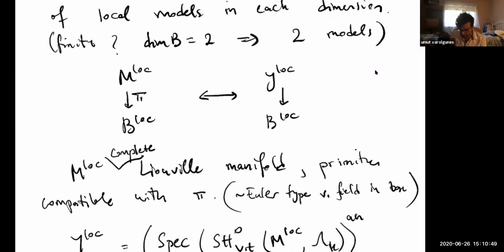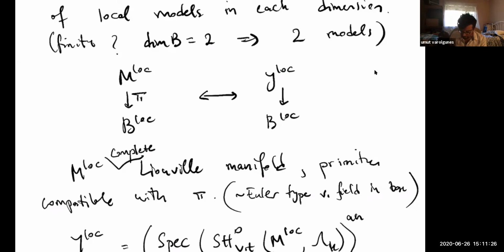So these models should look like this: on the A side, maybe I should start using the pointer. On the A side, I should have some kind of complete Liouville manifold with a Lagrangian fibration, such that the primitive that you have in the total space should be compatible with the fibration. So it should look like an Euler type vector field in the base, a p dq type form.